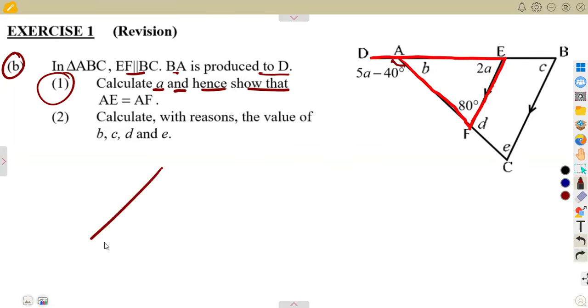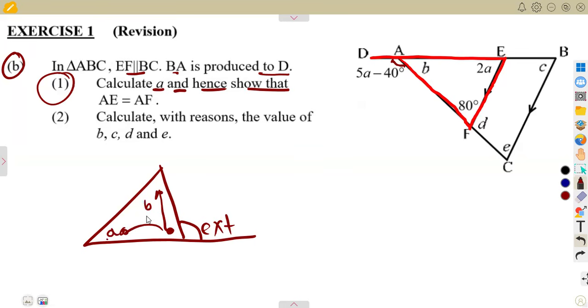And remember that the exterior angle is always equal to the sum of the opposite interior angles. If there is A and B, if you add these two, they give you the exterior angle. This is the concept: the exterior angle, 5A minus 40 degrees, is equal to what? Because that's our exterior angle.